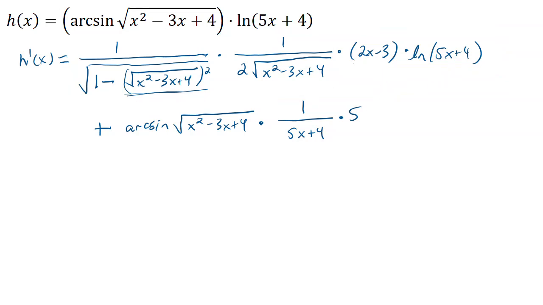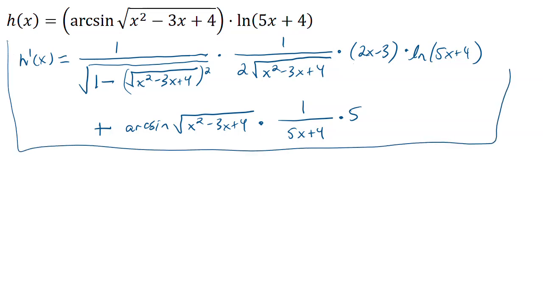The point is just to show you how to apply multiple derivative rules concurrently and how to think of removing one layer at a time. So rather complex derivative, product rule, lots of chain rules, arcsine and natural log, big time functions that you see in calculus. So I hope that makes perfect sense.